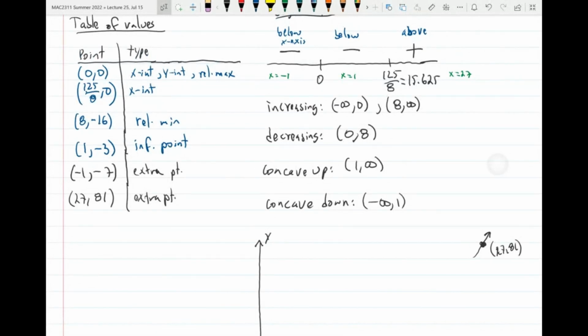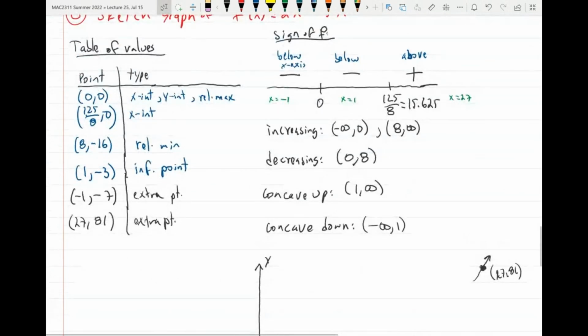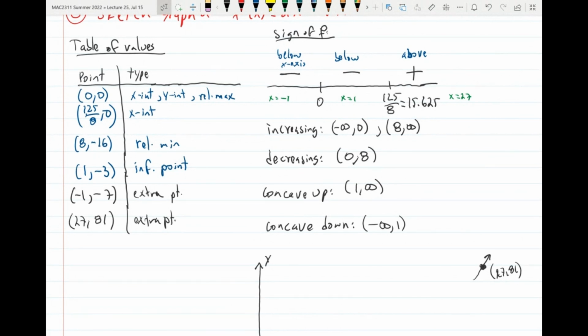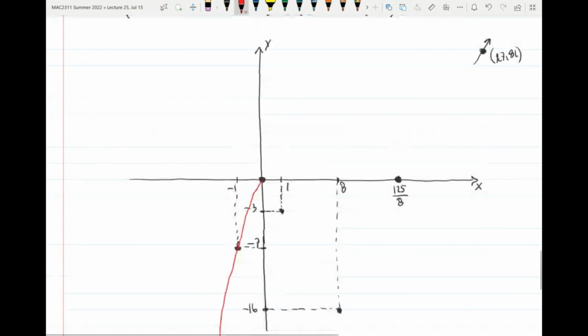Then let's see, what do we do? It's gonna be increasing from -infinity to 0, and we need to go from -infinity to 0. We do that in a concave down way because it's concave down from -infinity to 1. So I'm gonna come in a concave down way and do this. Okay, so it's doing that.